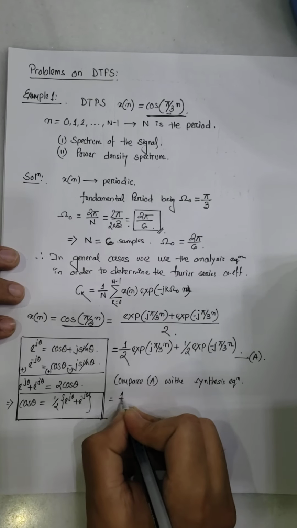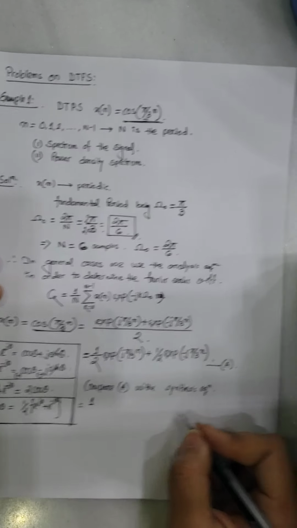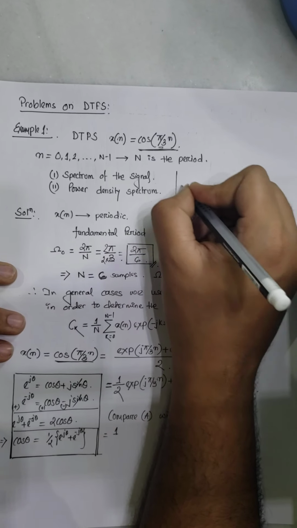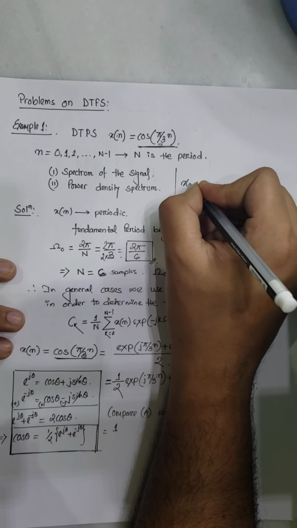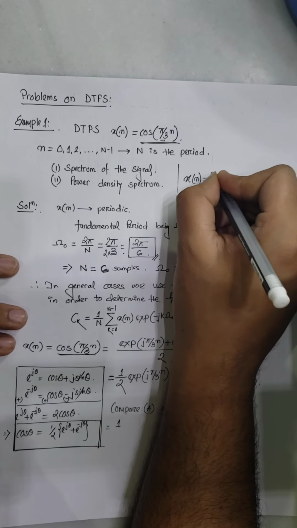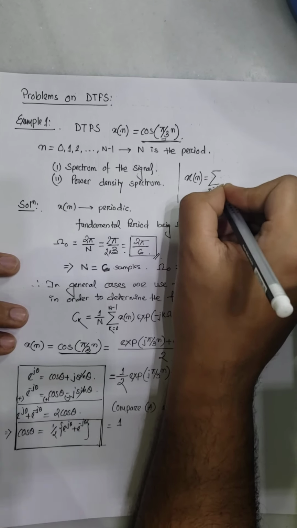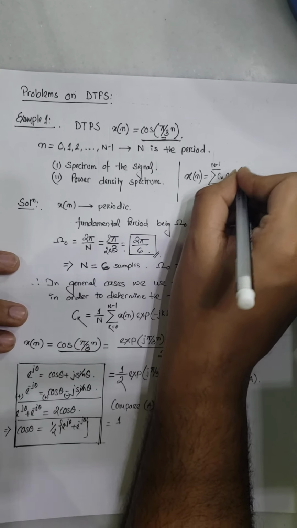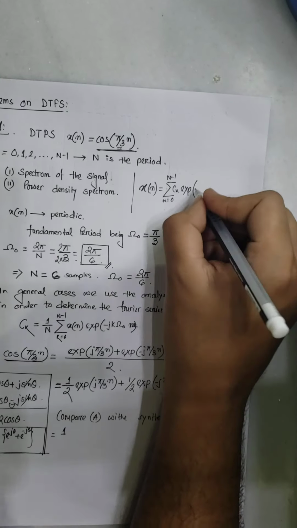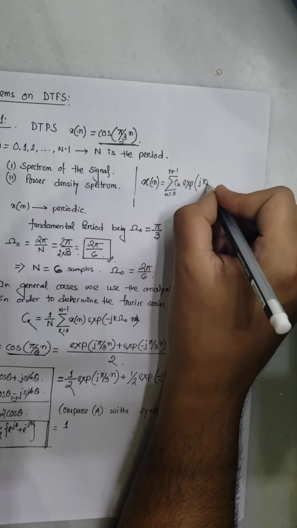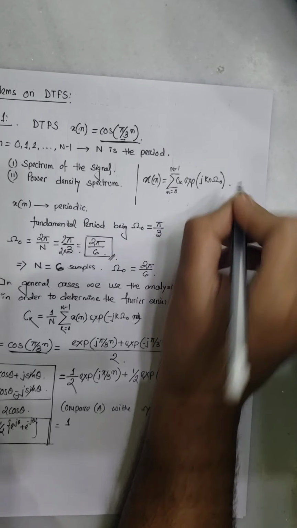Before that, let us write down the synthesis equation, which looks something like this: x of n, summed from n equals 0 to n minus 1, c of k e to the power j k omega naught n.